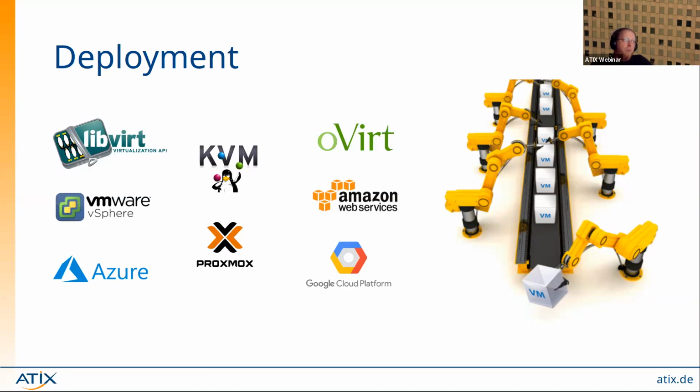We also support oVirt, which is something we don't see that often, but we can also deploy virtual hosts in popular cloud platforms. We have different ways of deploying hosts, network-based, image-based, and there's something special, the discovery image, which is mainly intended for bare metal deployments. So for each of these platforms, you will find a suitable way.